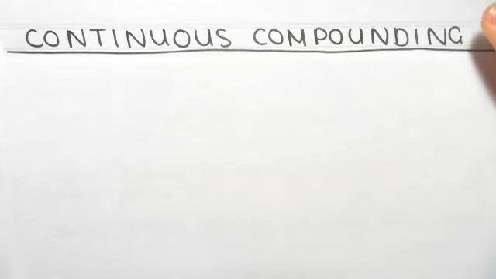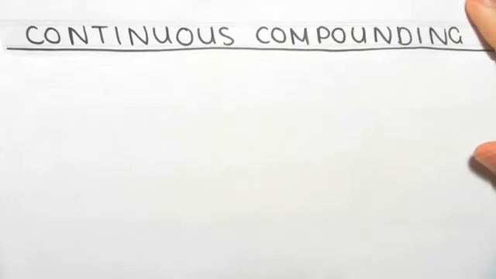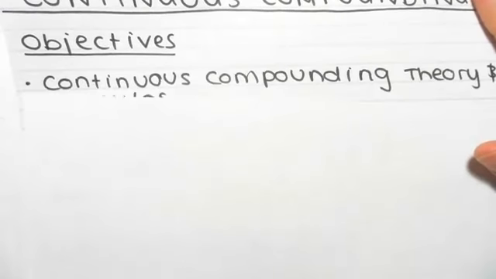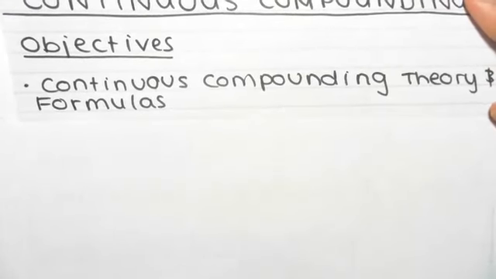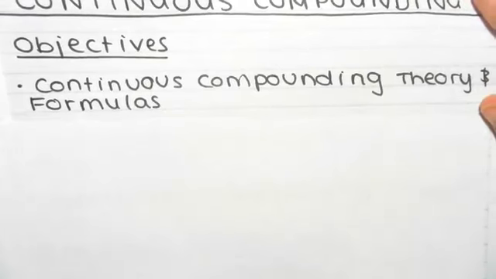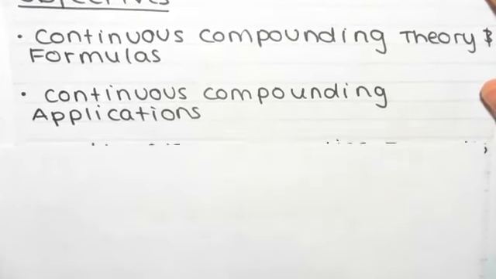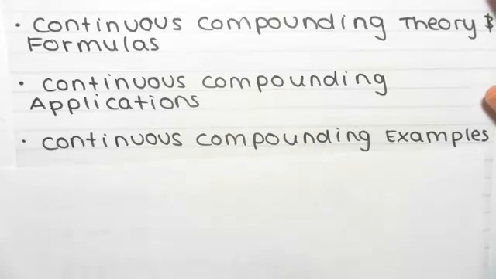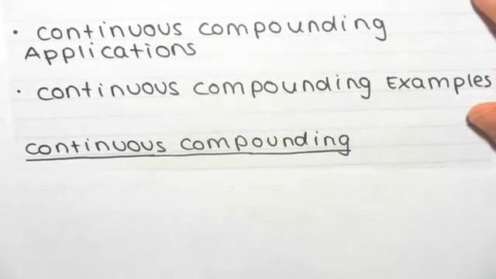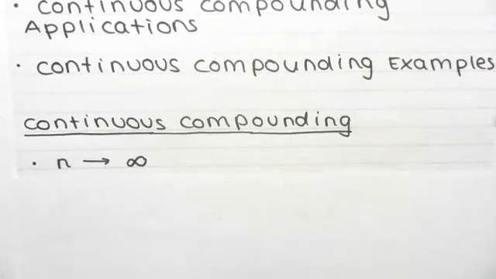So continuous compounding is a different sort of compounding problem. What we're going to look at is the theory behind it and the formulas, some applications of continuous compounding, and some examples.